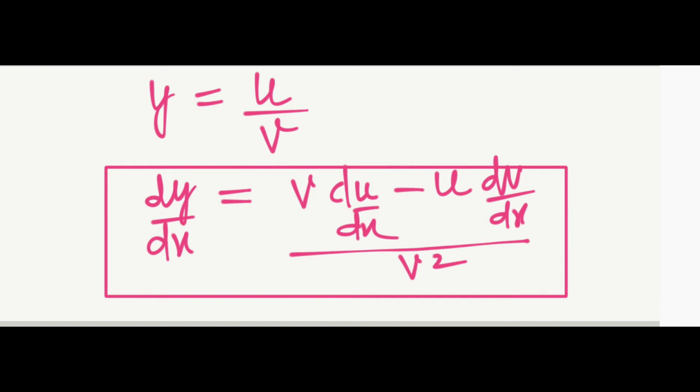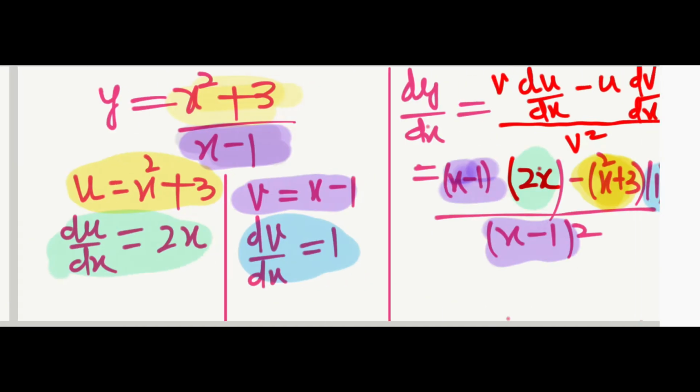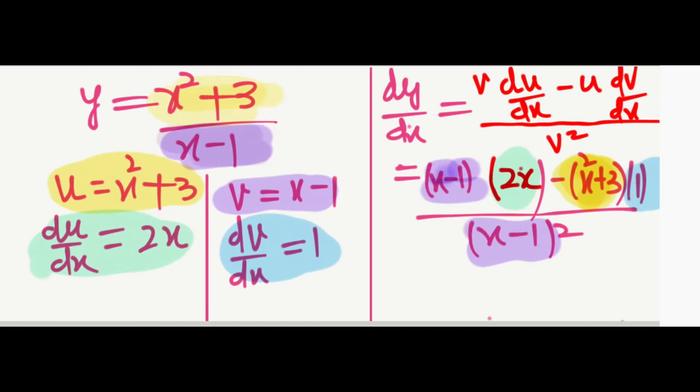For example, let us take one case. Say y equals x square plus 3 upon x minus 1. So we assume u equals x square plus 3 and v equals x minus 1.